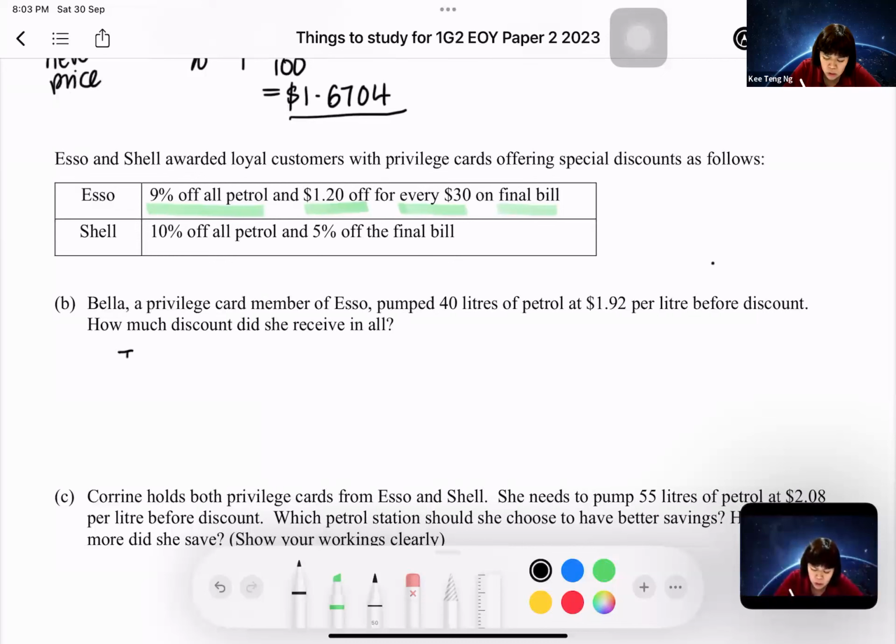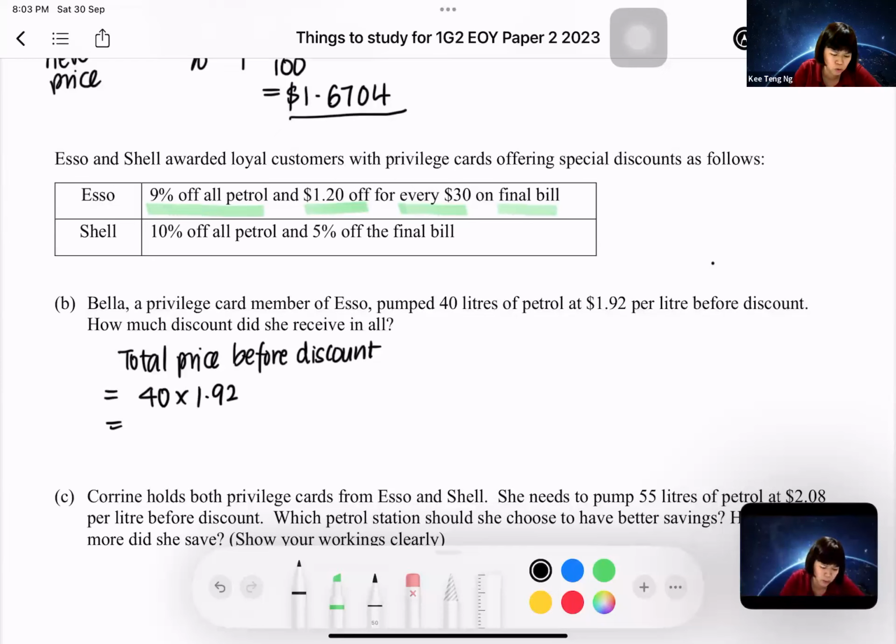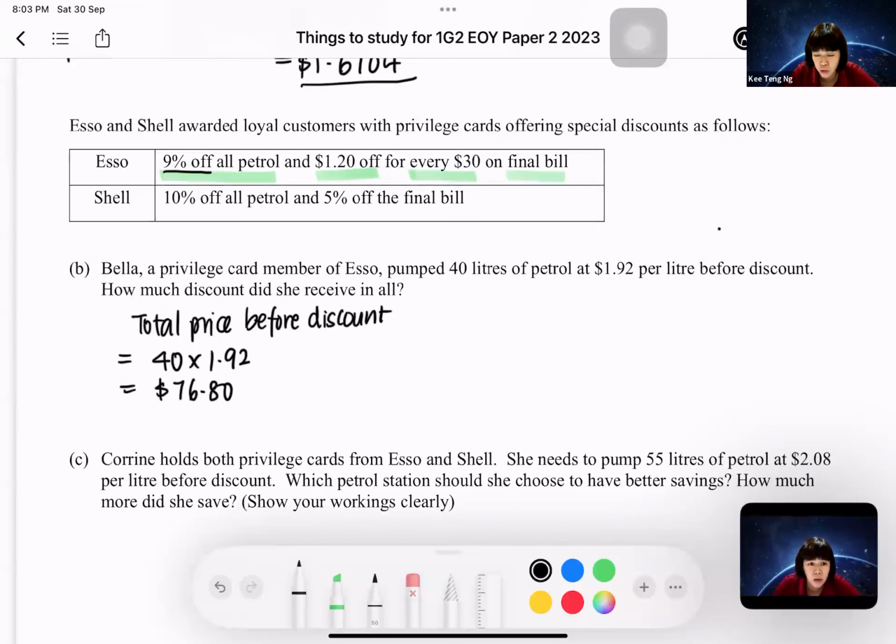So what is the total price before discount? The price before the discount will be 40 liters times 1.92, right? 40 times 1.92, that gives me the number $76.80. This is before discount. They say 9% off. Okay, original 100%, 9% discount, when they want to calculate the discount she received, right?